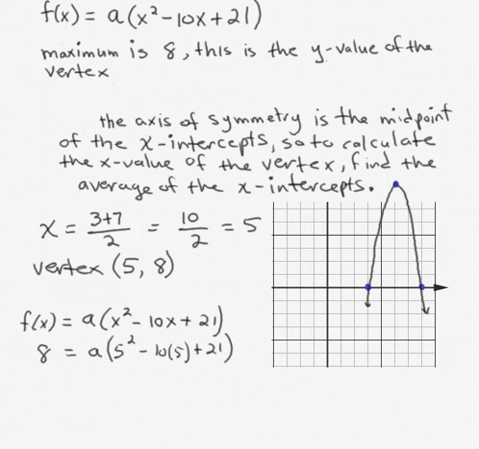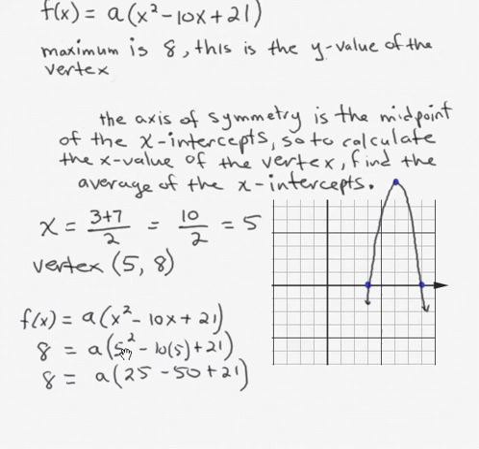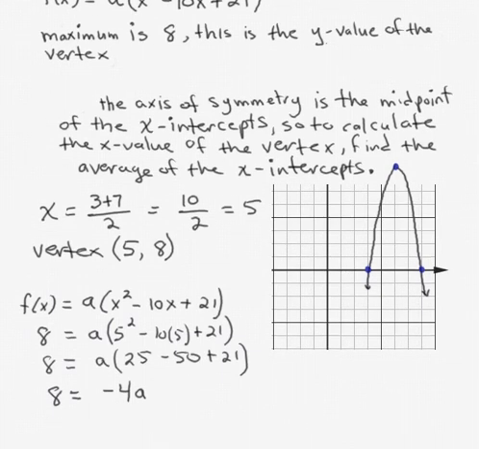If we simplify and solve for a, we'll have our equation. So 5 squared is 25. Negative 10 times 5 is negative 50. Simplify that. 25 minus 50 plus 21 is negative 4 times a, and that's equal to 8. Divide by negative 4, a equals negative 2.